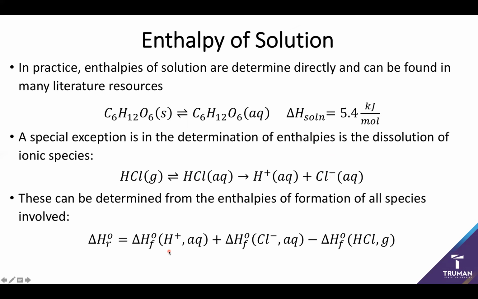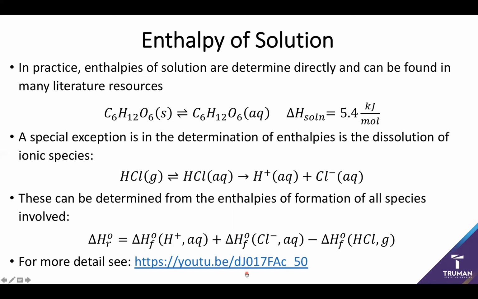In this case, if you've got the enthalpy of formation of each of your product individual ions, remembering the enthalpies of formation of ions are always given with respect to the enthalpy of formation of a proton being 0. And then you subtract out whatever the molecular species is, whether it comes from a solid or a gas. If you want more details and a good review of how to calculate the enthalpies of solution, please watch my video from last semester.